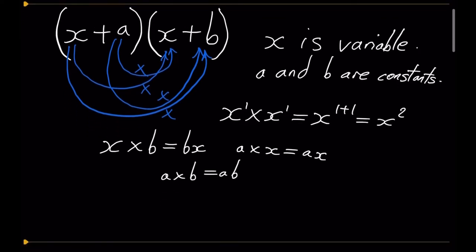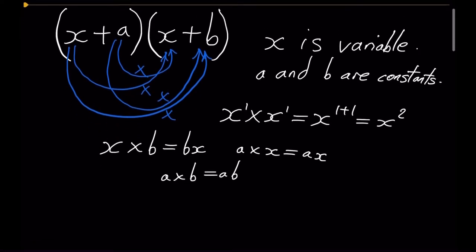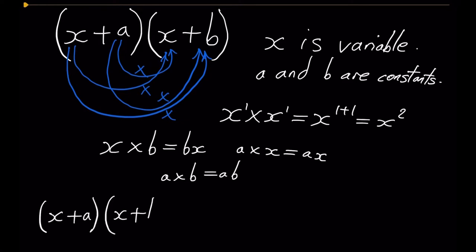So what can we say as a result? We can say that the product of x plus a and x plus b, so x plus a multiplied by x plus b, is the same as x squared plus bx plus ax plus ab.